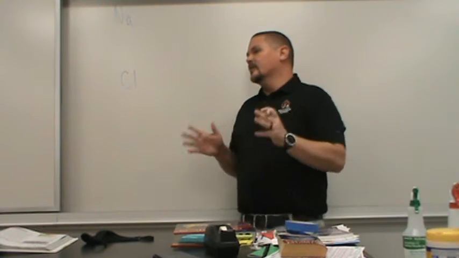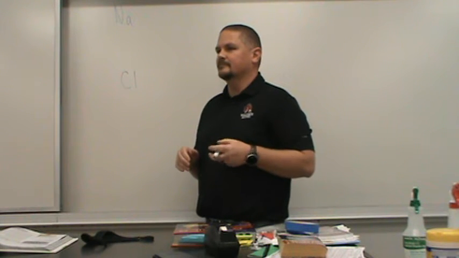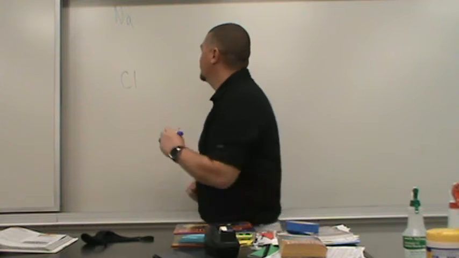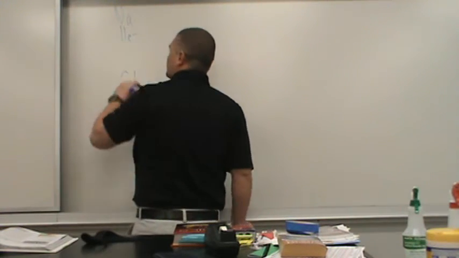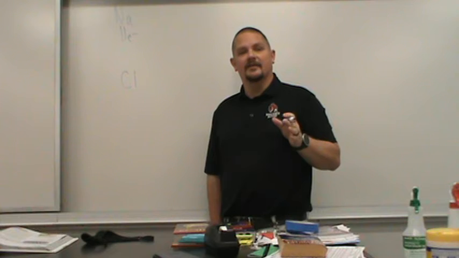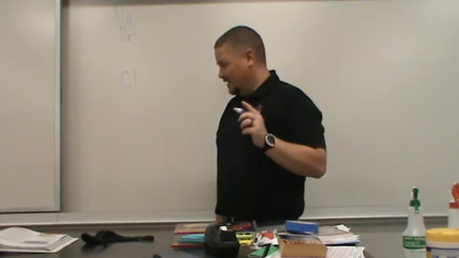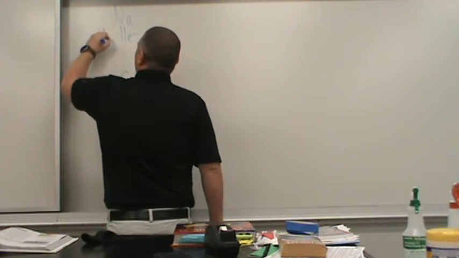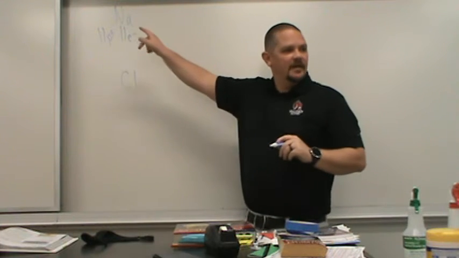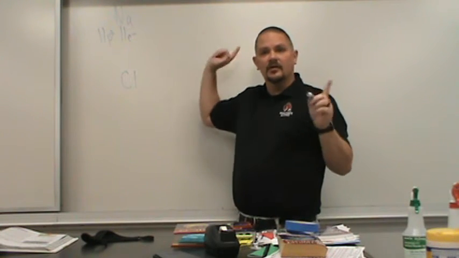Now how many electrons does a sodium atom have? 11. Okay, has 11 electrons. Now how many protons does sodium have? 11. Because remember, atoms are electrically neutral, so that means that the number of protons and number of electrons are equal to one another.